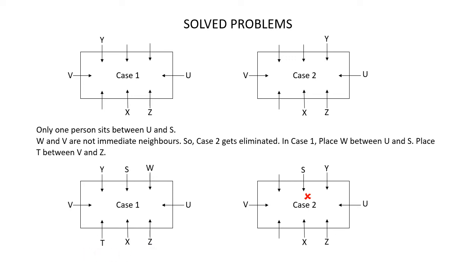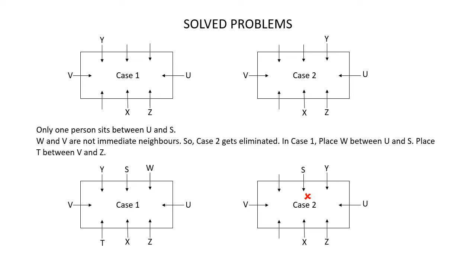Let's move on to case 2. Only one person sits between U and S. So clearly this is the position for S, so that one person sits between U and S. So mark S in this position. Now there are only two positions left for W and T, this position and this position.